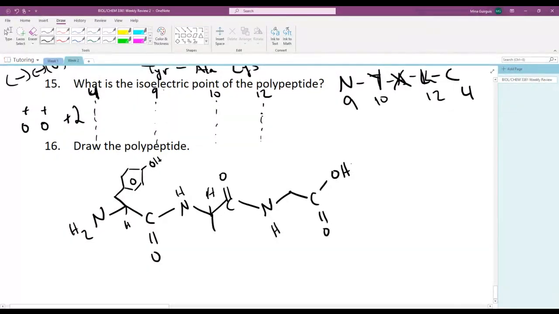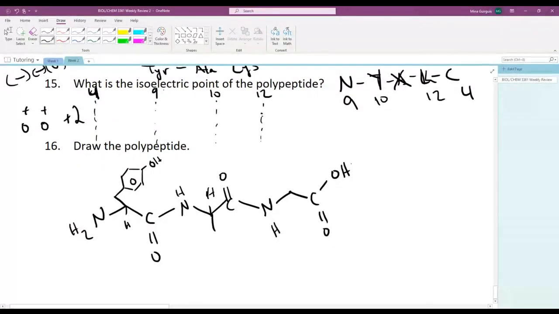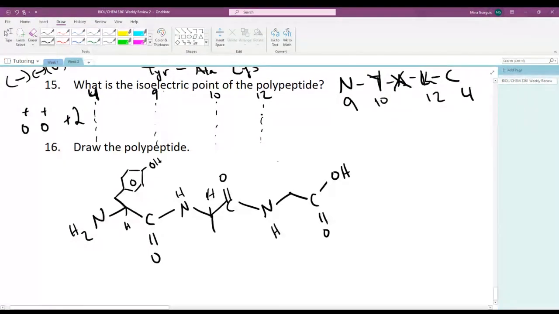At the very end of lysine is an NH2. How many carbons do I draw between my central carbon and my NH2? Maybe that's an easier question. 4, perfect, yes. So 1, 2, 3, 4, NH2.